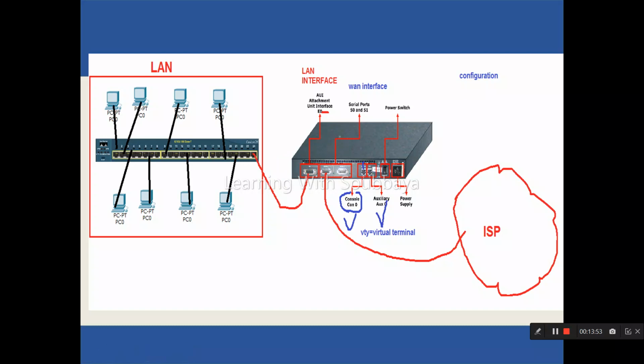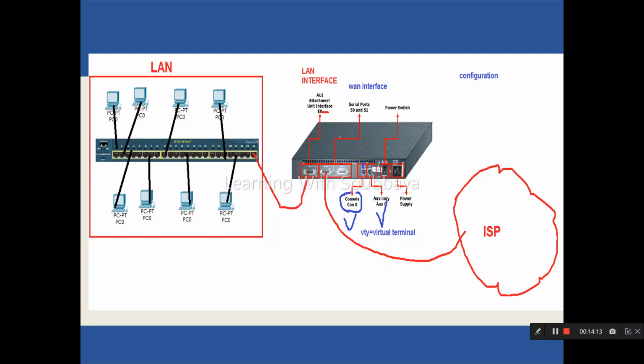Okay, clear. When you go for the 2600 series router, we have fast Ethernet available. That is called the LAN interface. In 2500 series, we have AUI, attachment unit interface. In 2600 series, we have fast Ethernet available. So we can connect directly to fast Ethernet.